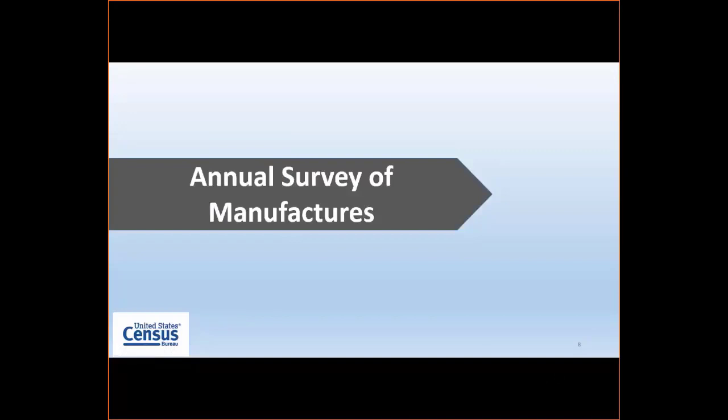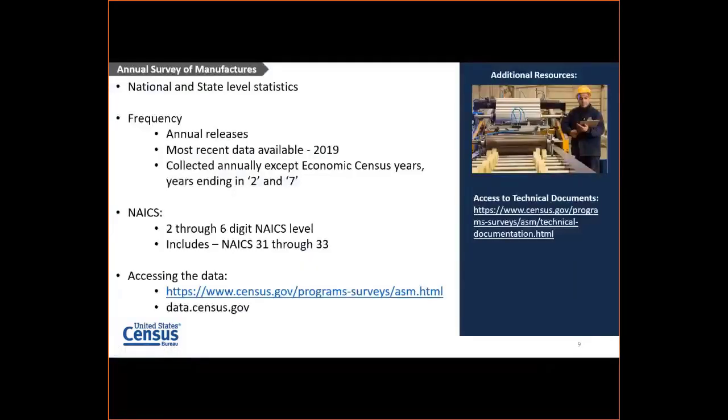So when looking at manufacturing, one of the best sources is a survey specifically tailored for establishments that manufacture. And this is where the Annual Survey of Manufacturers, also commonly referred to as the ASM, comes into play. The ASM provides sample estimates of statistics for all manufacturing establishments with one or more paid employees, and this also includes leased employees classified under NAICS Sector 31 through 33.